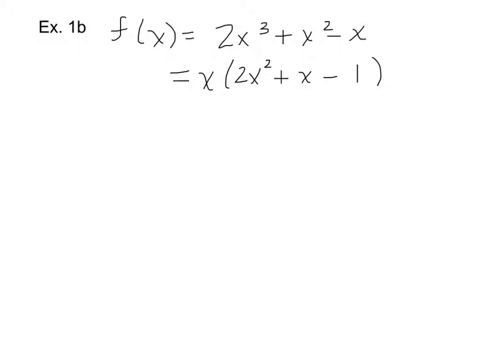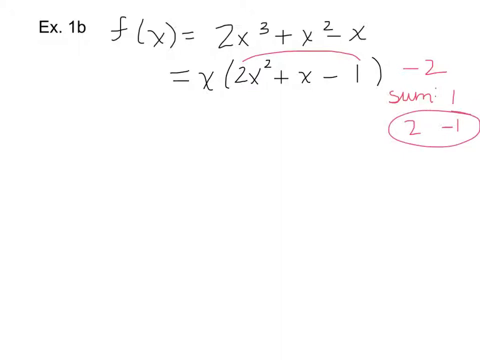Then, since I have a leading coefficient, I want to find two factors of -2 that add to give me a sum of +1. The only ones that will work would be 2 and -1.